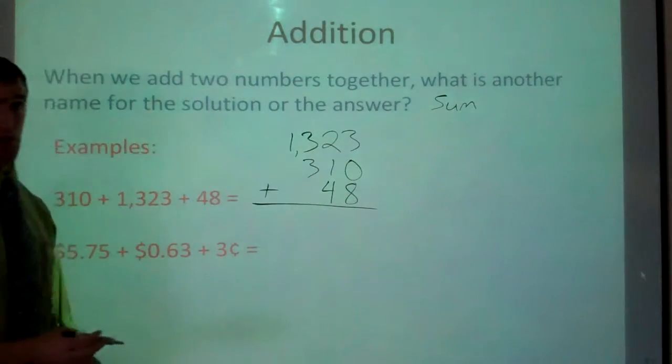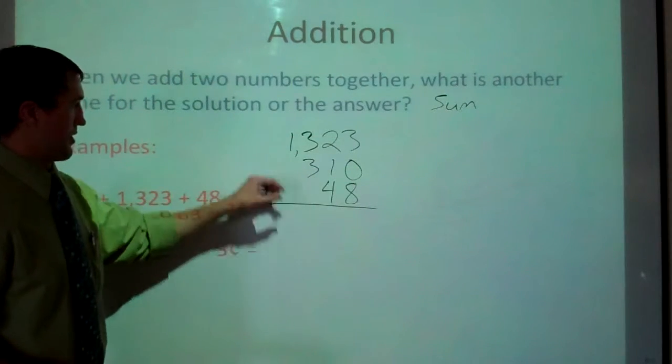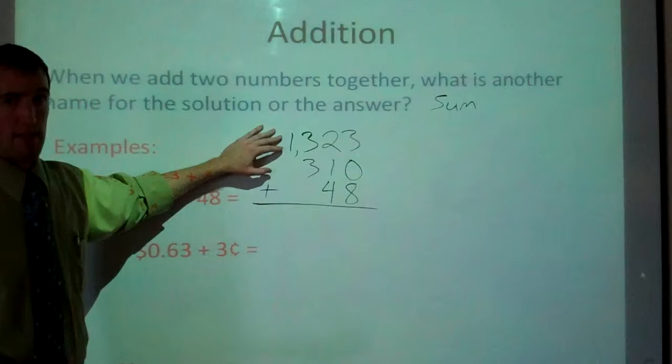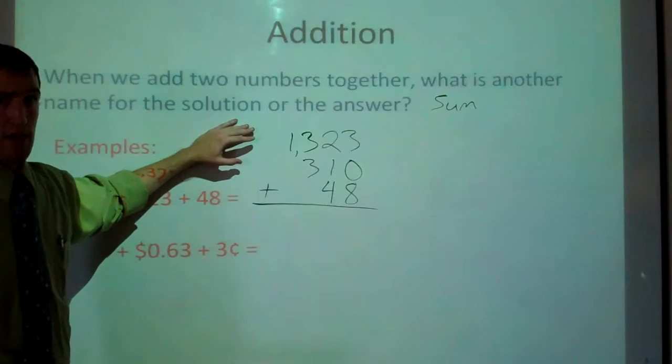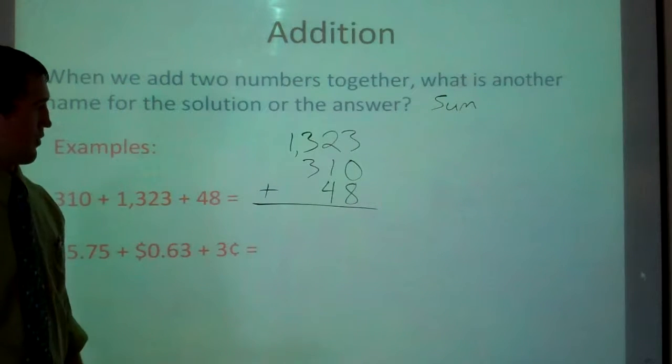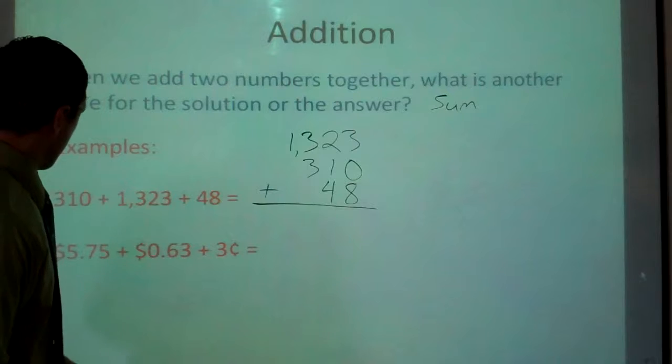And there's your addition problem. We have our ones column, our tens column, our hundreds, and then our thousands. Most everyone knows how to add this together. If there was an issue, they came and talked to me about it.